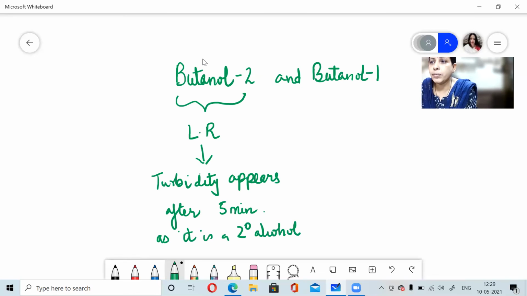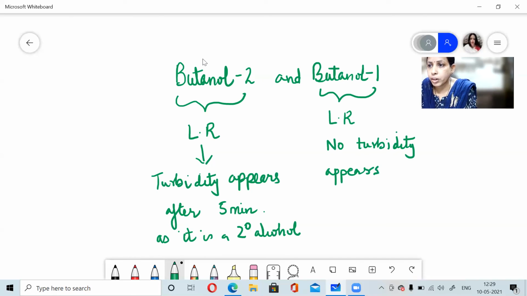In the same manner, for butanol 1, you will be writing that when Lucas reagent is added to butanol 1, no turbidity appears. Again, as I mentioned just now, you will be writing the reason also, because it is a primary alcohol.